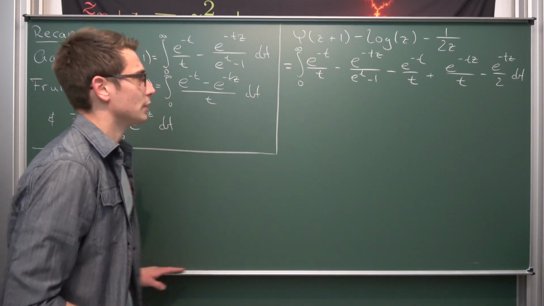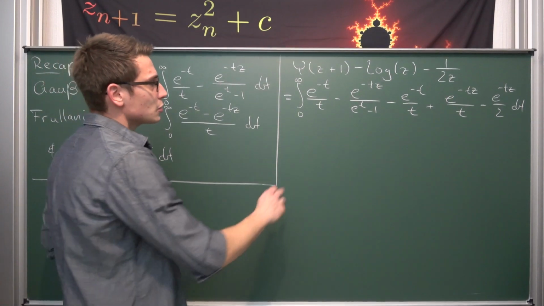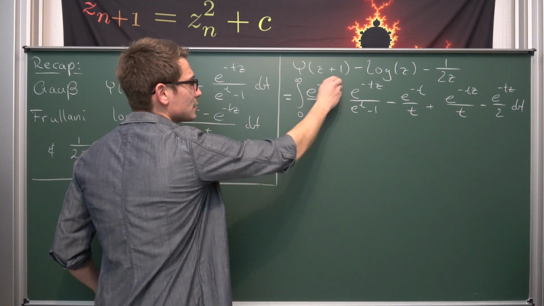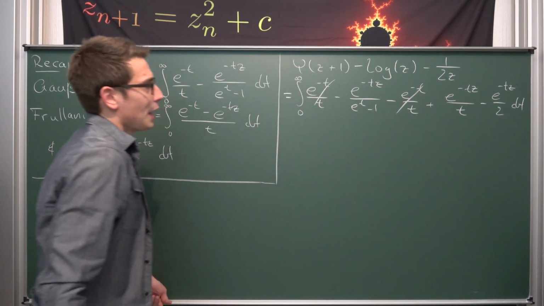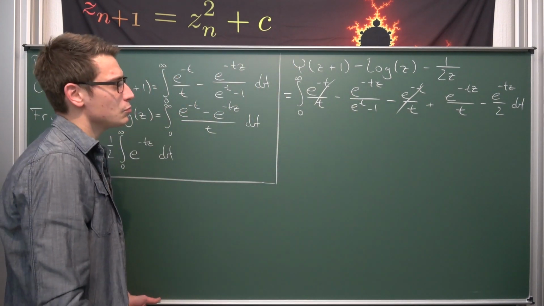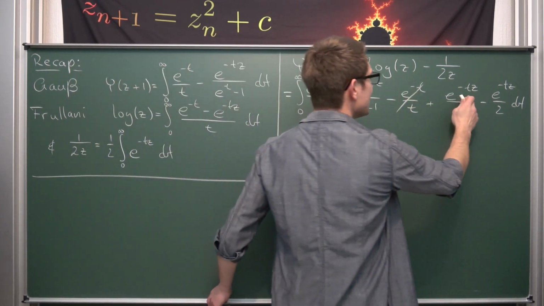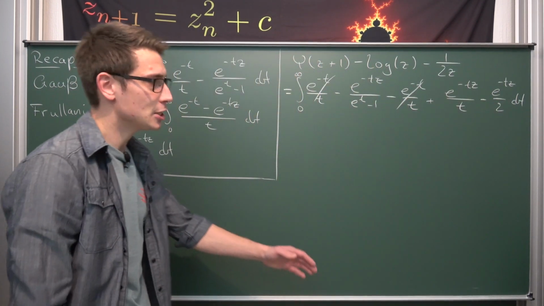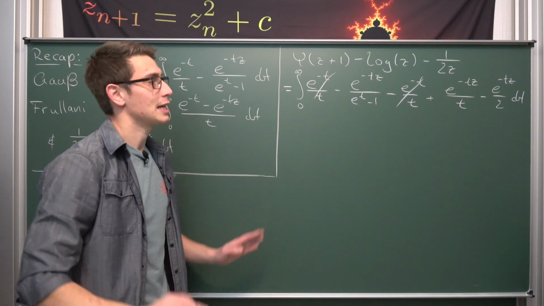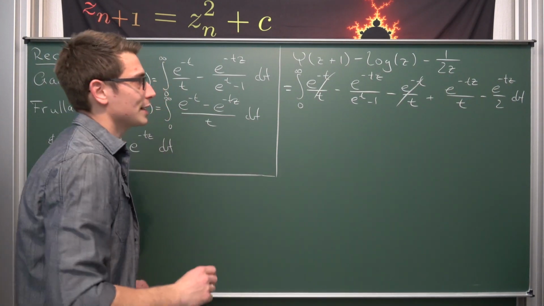Now we can start gathering things together at first. You're going to notice that e to the negative t over t is going to cancel out here. Other than that, there's not much we can do at this point except for one thing. You're going to notice that e to the negative tz is going to be represented in each and every part of our addition and subtraction here, meaning we can factor it out.